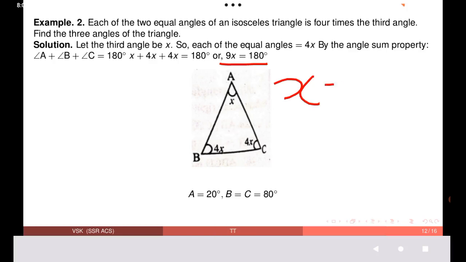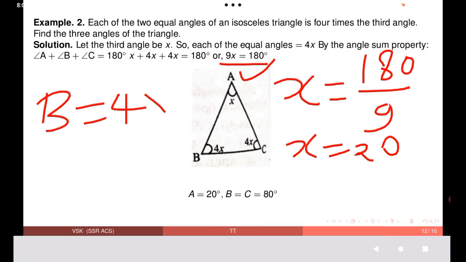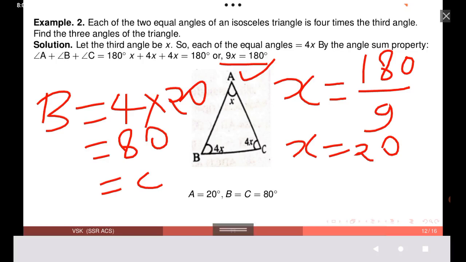So x will be equal to 180 divided by 9. So x is 20. So angle A is 20. And what is angle B? Angle B is 4 times 20, 4x. So 4 into 20, that is 80. And the same will be angle C. So all these three angles we can find very easily like this.